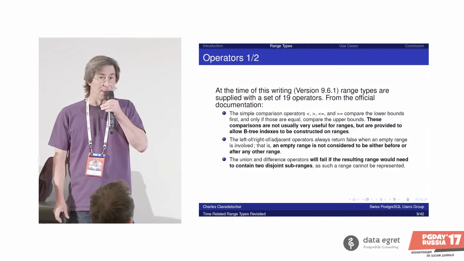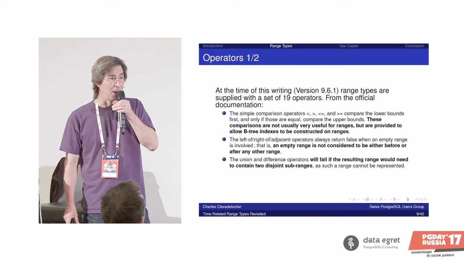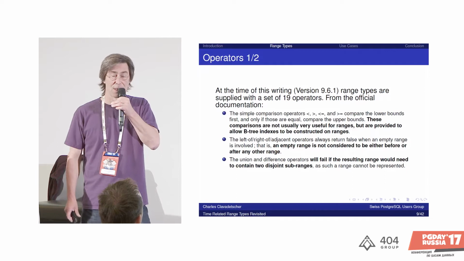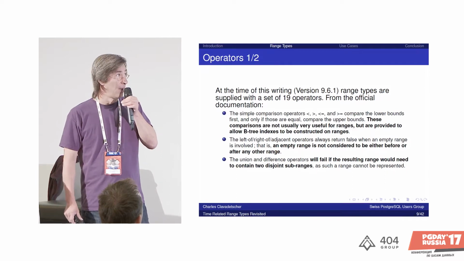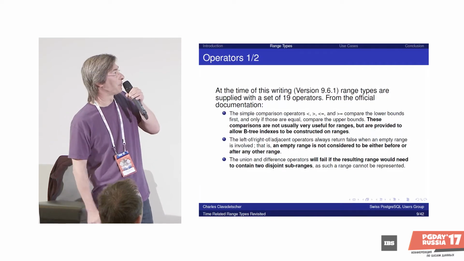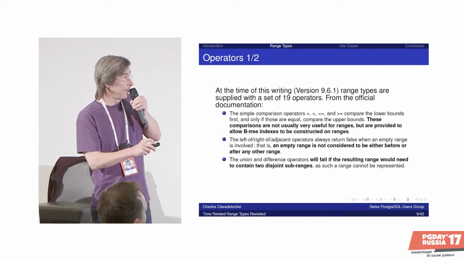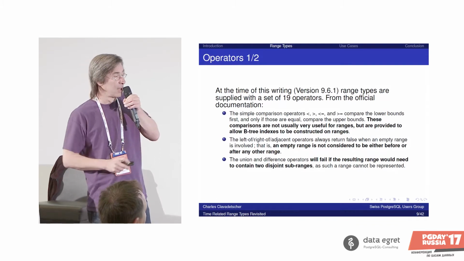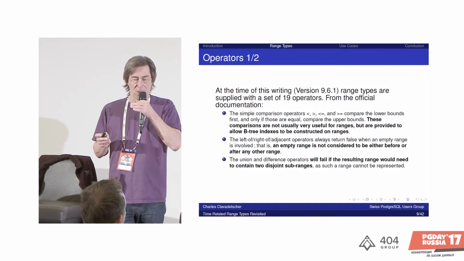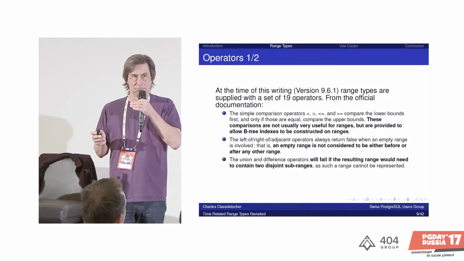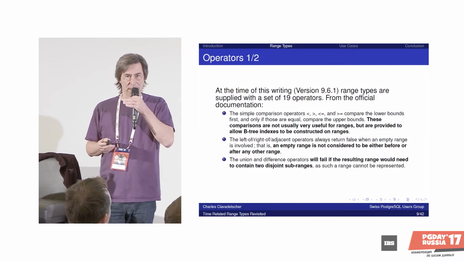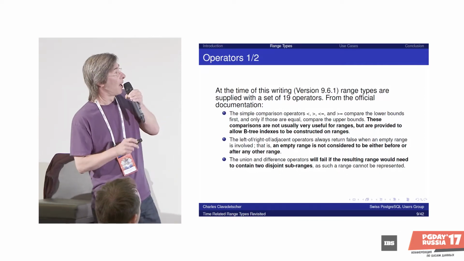That means you can use them in indexes too, and in particular we are going to see that in exclusion indexes, which makes it very handy to avoid overlapping time ranges. Then we have some more specific range functions and operators, which don't exist in other types for the simple reason that they don't make sense.